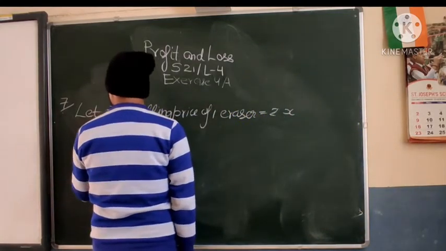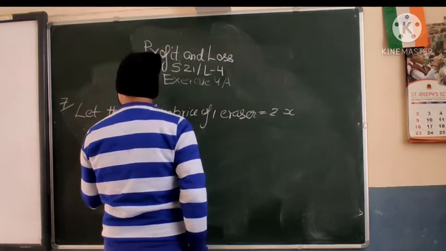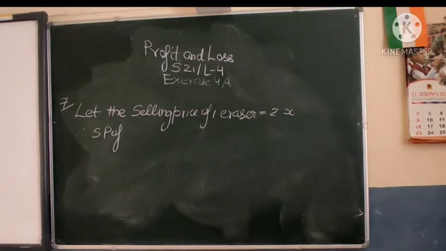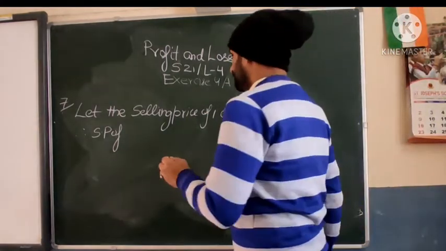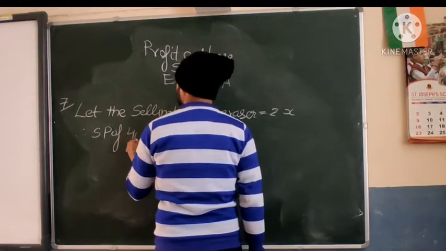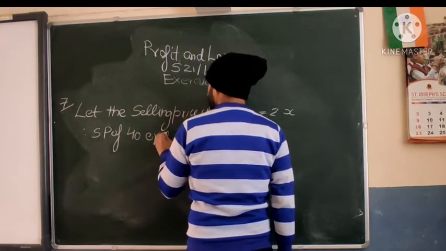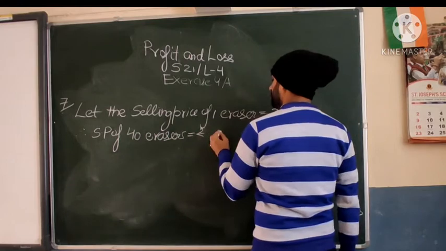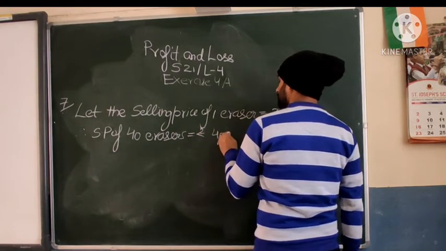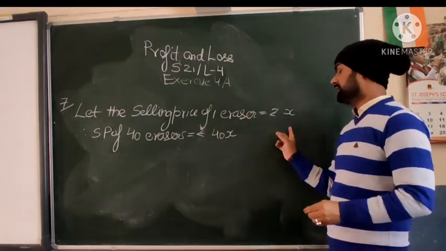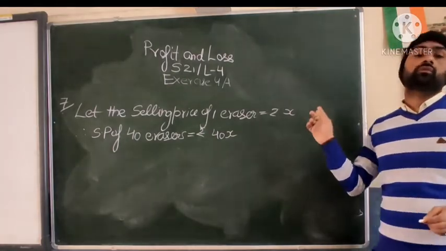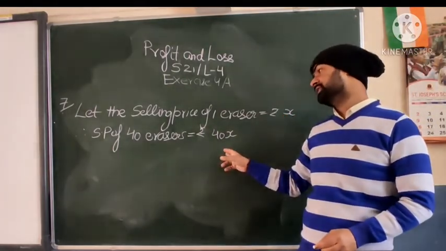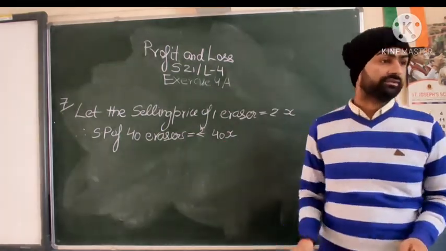Therefore, SP of 40 erasers is equal to how much? Rupees 40x. We have assumed that the unit price of one eraser is x rupees SP. So he is selling 40 erasers, so SP will be 40x.